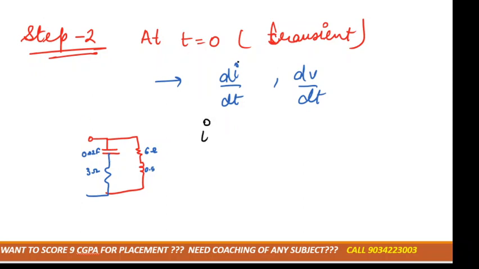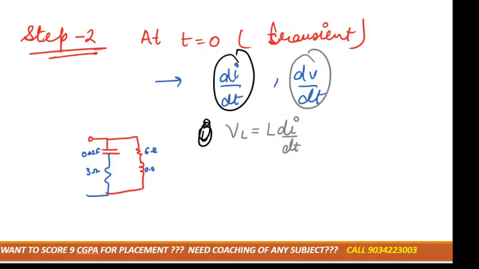So you know we need to calculate di by dt. In which formula do we have di by dt? That is the voltage across inductor, L di by dt. And in which formula we have dv by dt? That is ic is equal to C dv by dt, right?